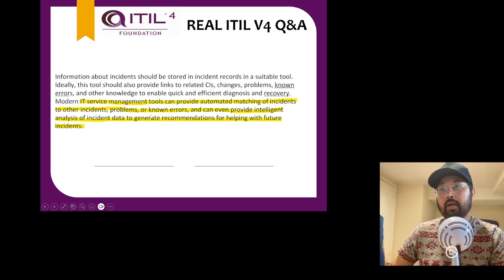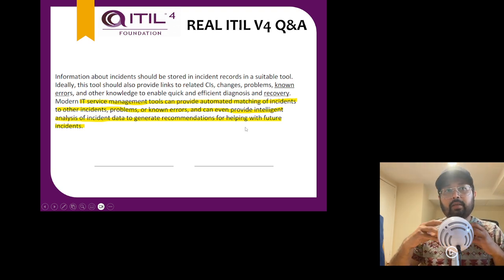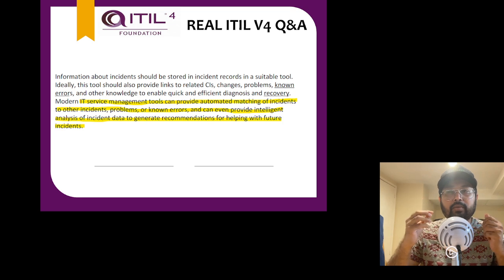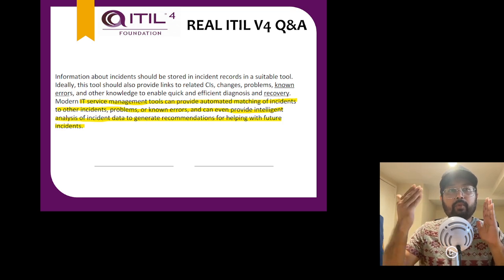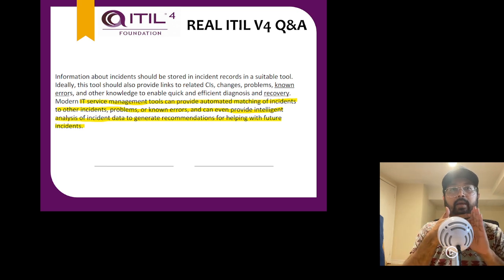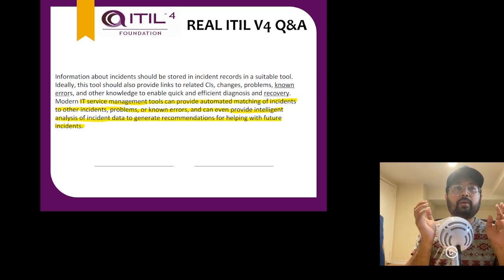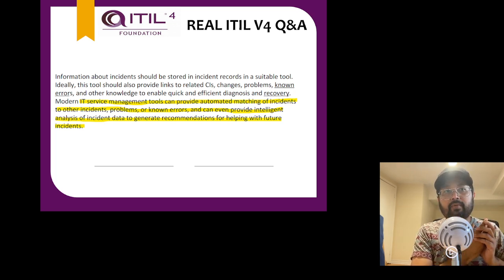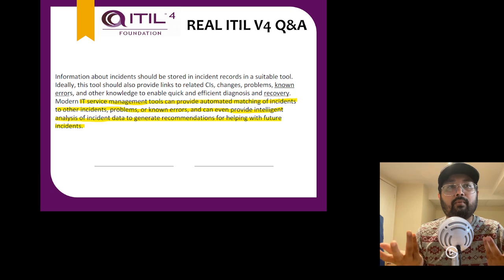So IT service management tools are modern tools, like monitoring tools. These are one type of software monitoring tool. They keep the record of incidents, and if it is a minor incident, a known issue that has happened before, they keep the record and recommend what the previous resolution was and what we should do now.